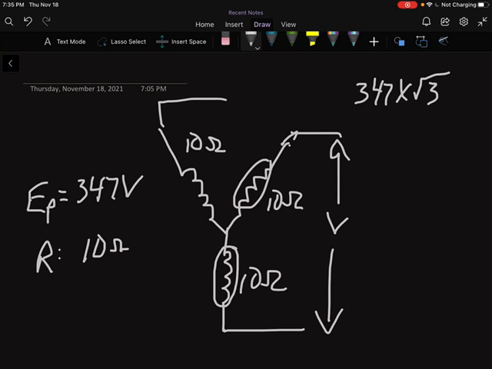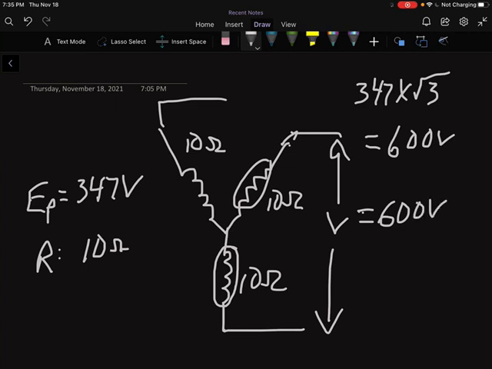So 347 times root 3 is going to give you a value of about 600 volts. So that would tell me that my voltage at this point is 600 volts.